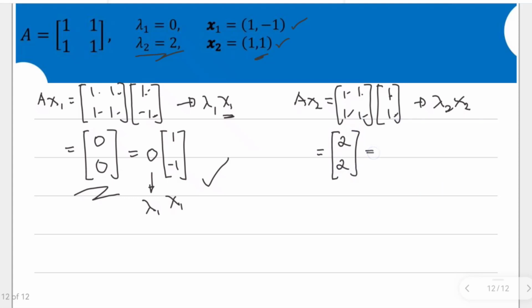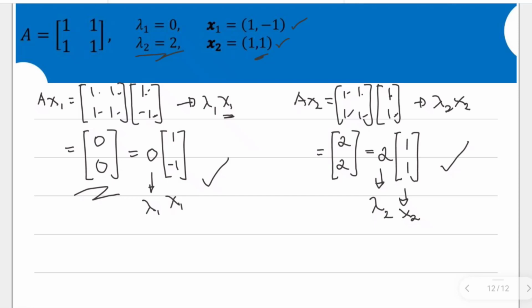If we are going to factor out 2, as this satisfies our lambda sub 2, the second eigenvalue, what remains in our matrix here is 1 and 1, which is also x sub 2. This means that the second pair of eigenvalue together with its corresponding eigenvector also satisfies the second matrix A. So this is how we do it in verifying eigenvalues and eigenvectors.